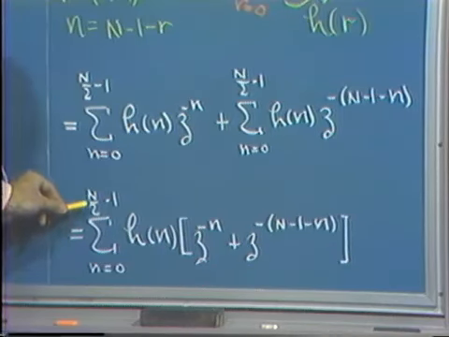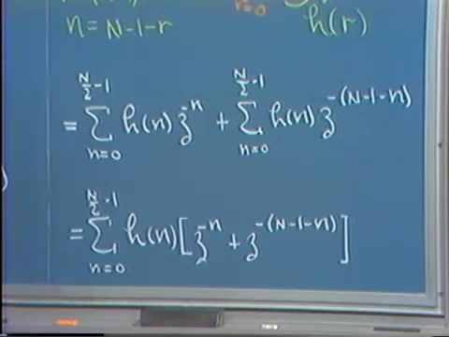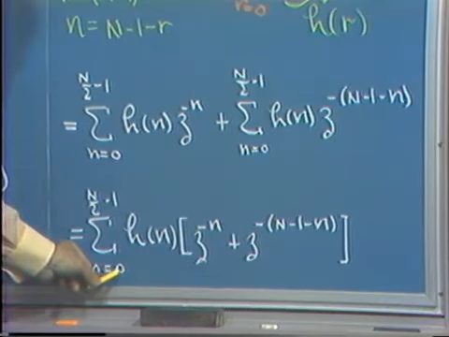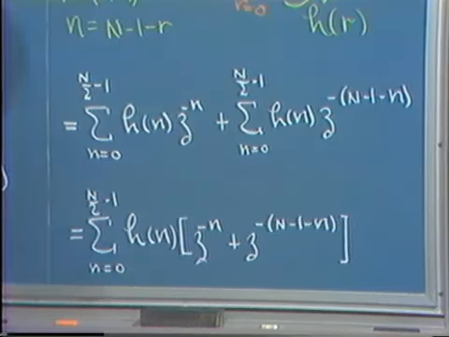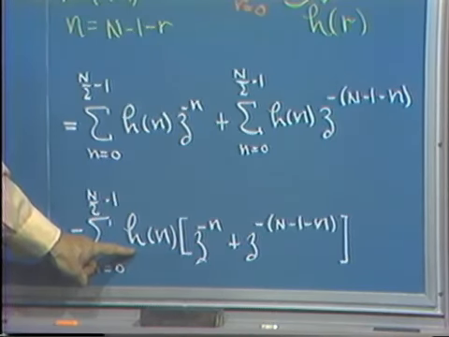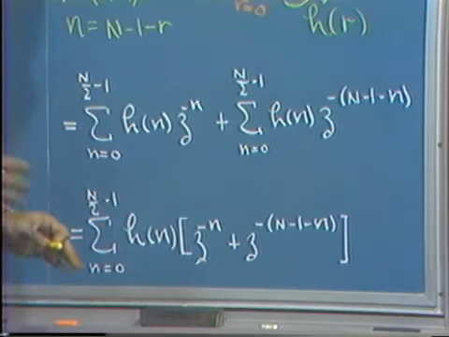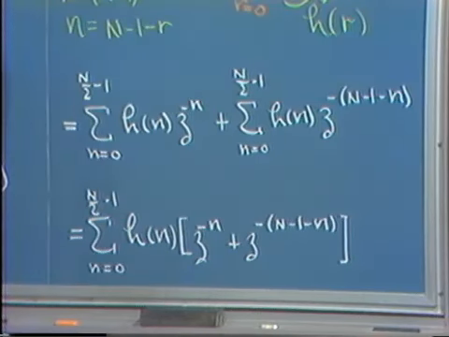Notice now that we only have in this summation half the terms that we had originally. In other words, there are capital N over 2 different coefficients that we're using, whereas in the direct form implementation there were capital N coefficients, and here we're exploiting the symmetry in the coefficients.